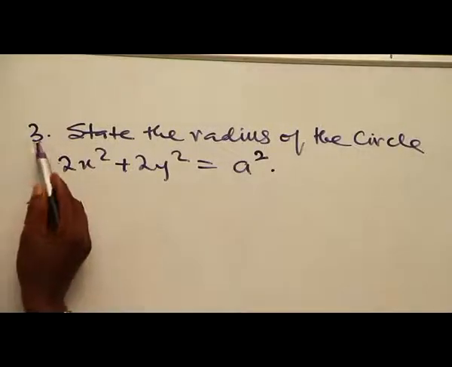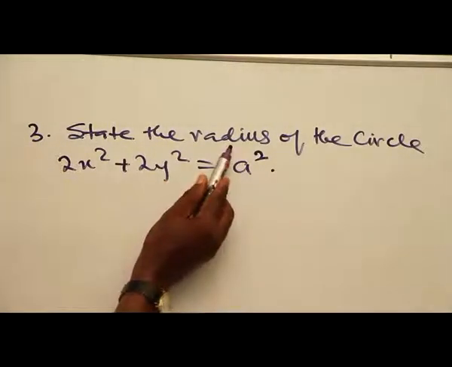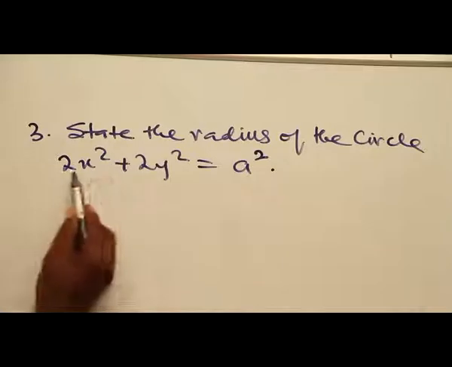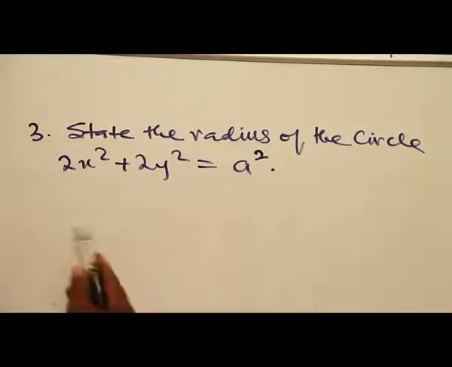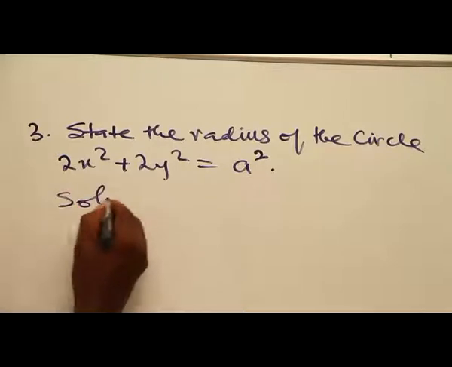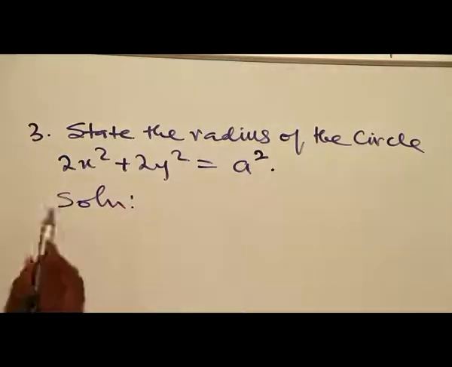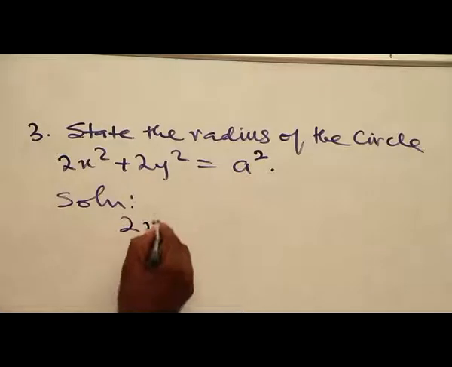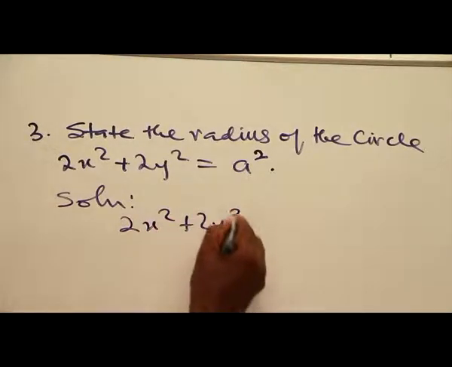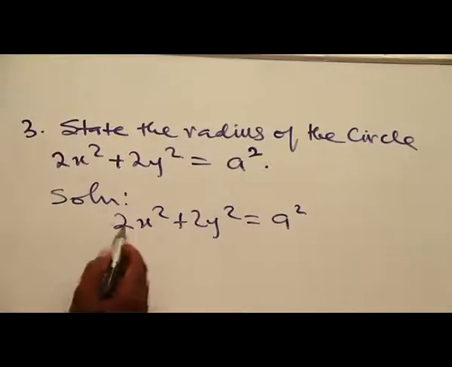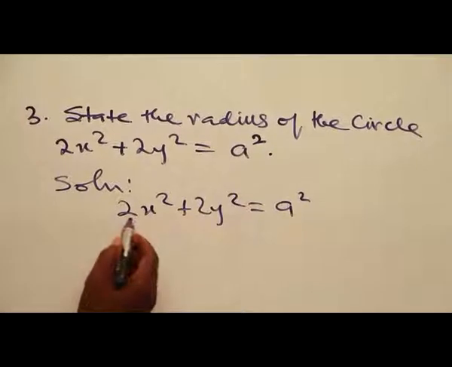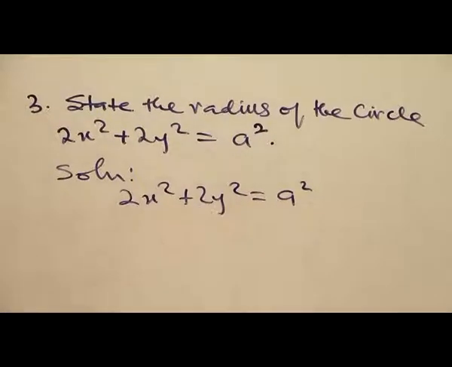Example number 3. State the radius of the circle 2x squared plus 2y squared equal to a squared. Solution. Observe this equation very carefully, that you have 2x squared plus 2y squared equal to a squared. And the coefficient of x squared here is 2, and that of y squared is 2.